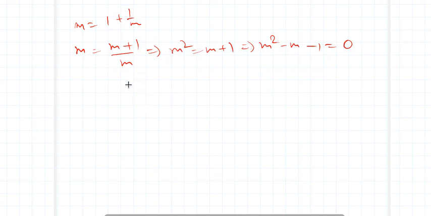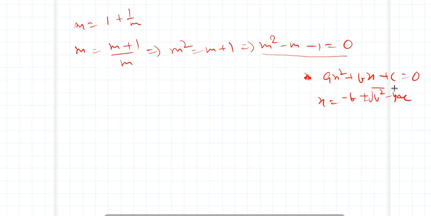And try to find its roots. You can solve using the formula: if we have a x squared plus b x plus c equal to 0, then x is equal to minus b plus or minus square root of b squared minus 4ac, upon 2a. All of you are familiar with this.